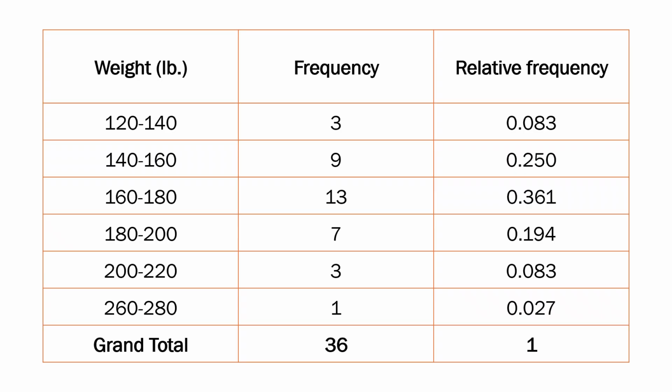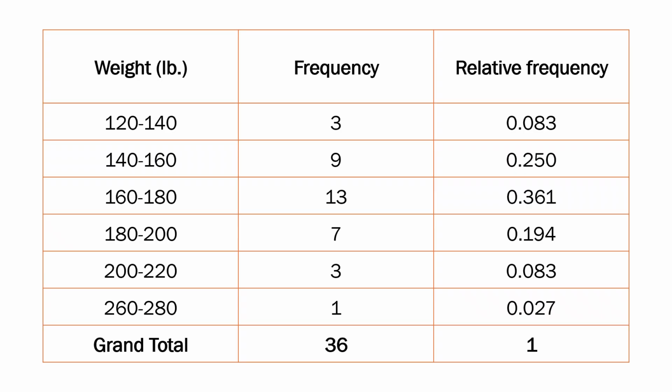That's just so that we know that there are decimals in here as well. So again, the first class is for weights of 120 and up, not including weights of 140. The largest weight is 278.8, so the last class in the table is going to be 260 to under 280.